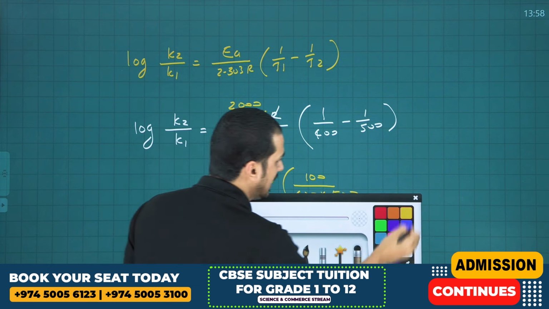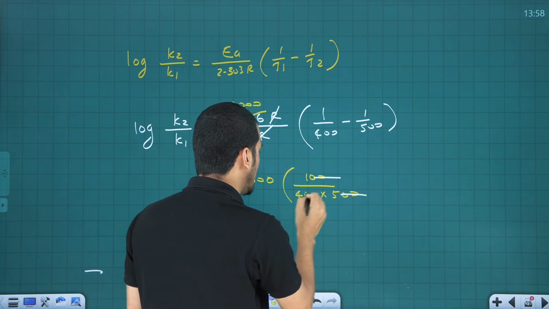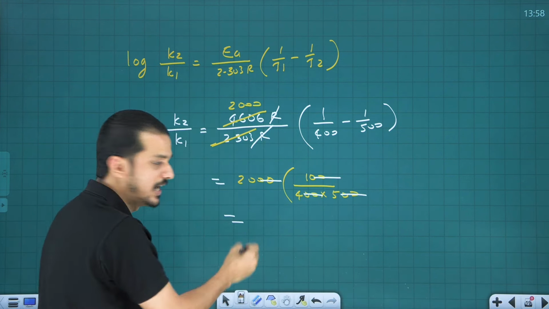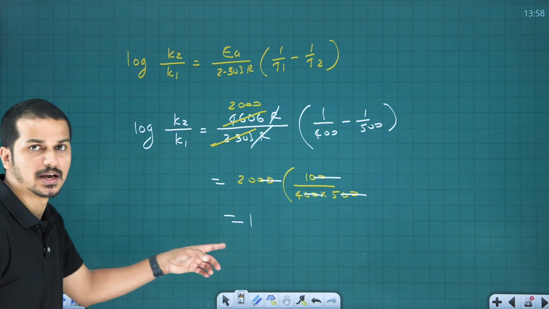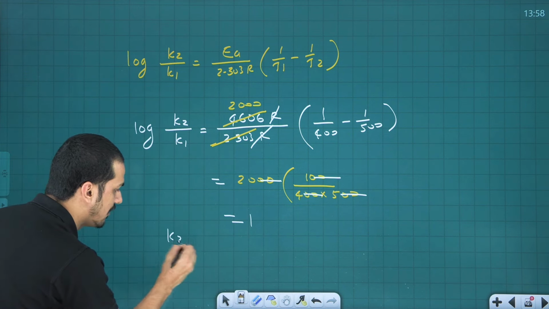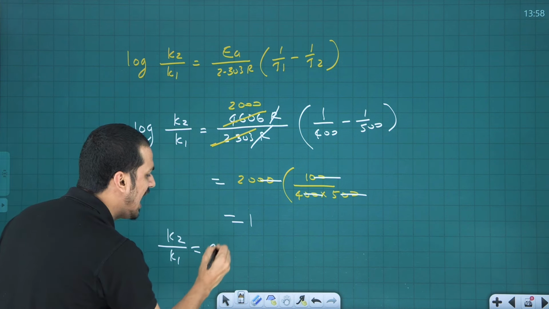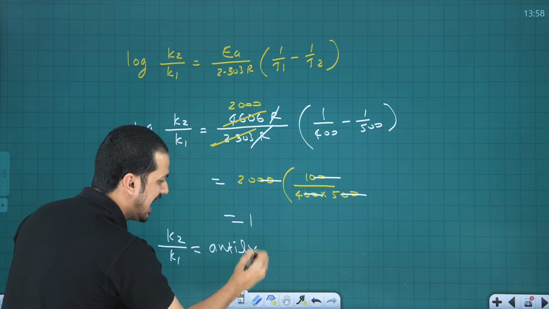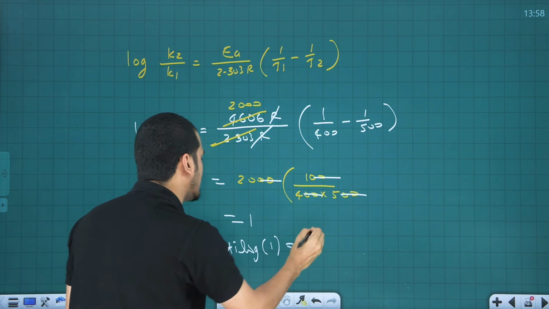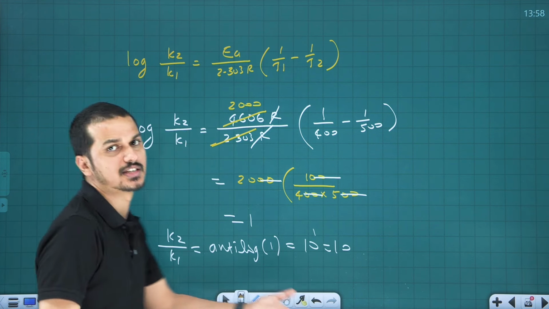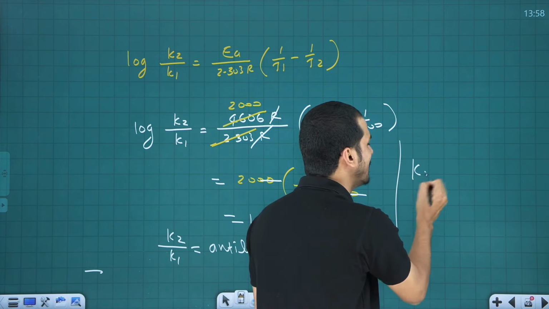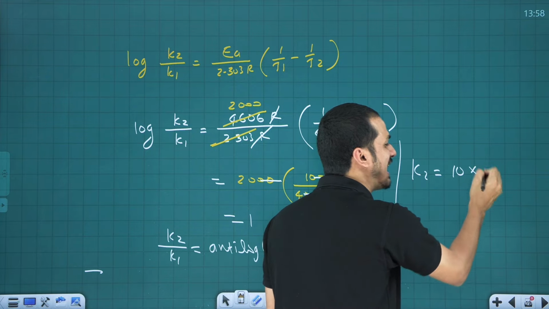I can cancel the zeros again, and it becomes 20 by 20, so log K2 by K1 equals 1. What is K2 by K1? Taking the antilog, antilog of 1 is 10. So K2 equals 10 K1.